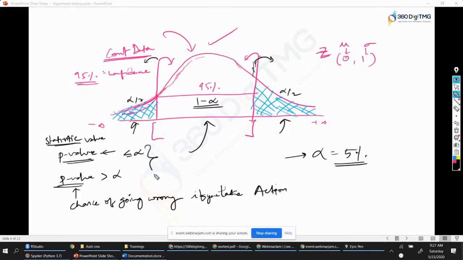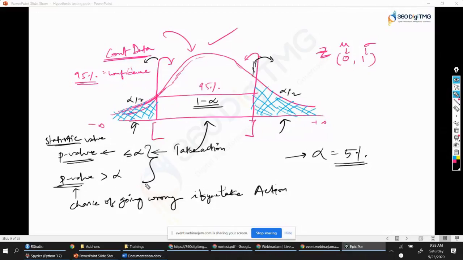Now we are verifying whether the chance that we are getting when we are doing the action is within the limit of the accepted value or beyond this accepted value, right? These conditions. And if it is less than the accepted value, then you can go ahead and take action, right?